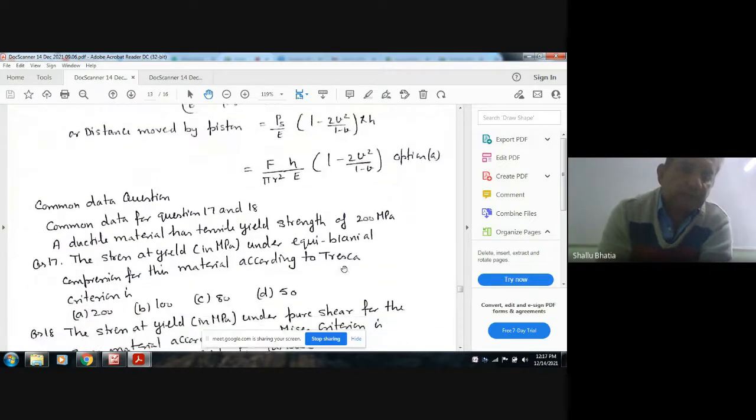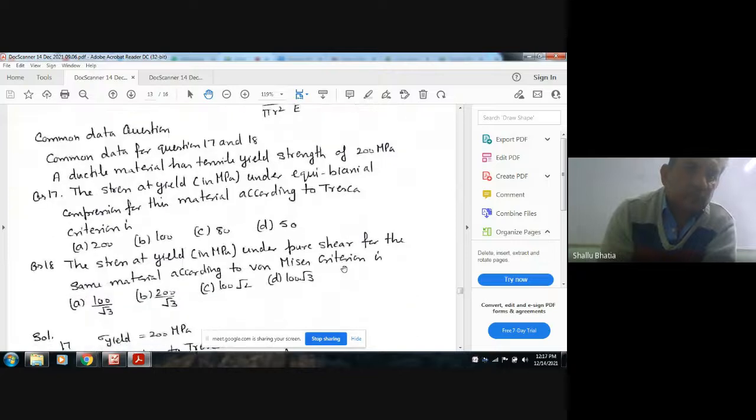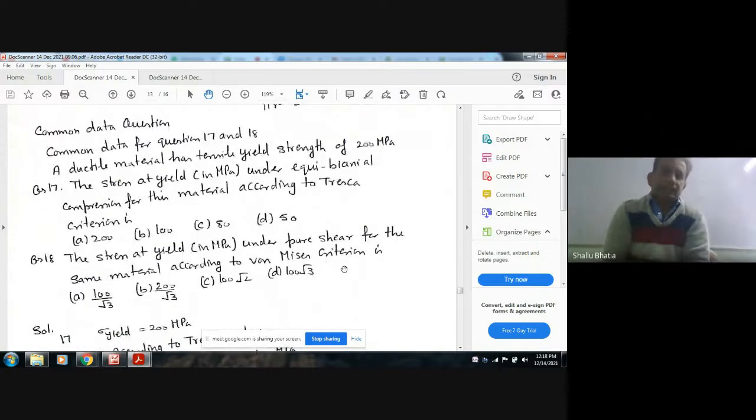Next, common data for questions 17 and 18. A ductile material has a tensile yield strength of 200 MPa. The stress at yield in MPa under biaxial compression for this material according to the Tresca criterion is: option A 200, option B 200, option C 80, option D 50.